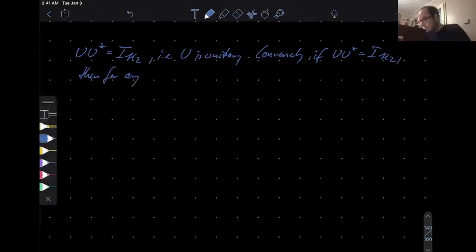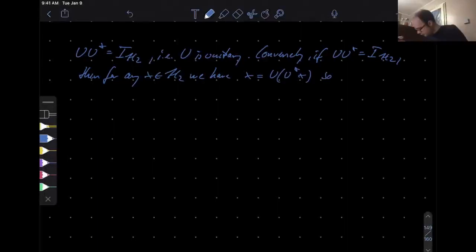Then for any x in H2, we have x is equal to u star x, right? And so x is in the range of u. Here's the corresponding element, this one here, that shows that x is in the range of u.